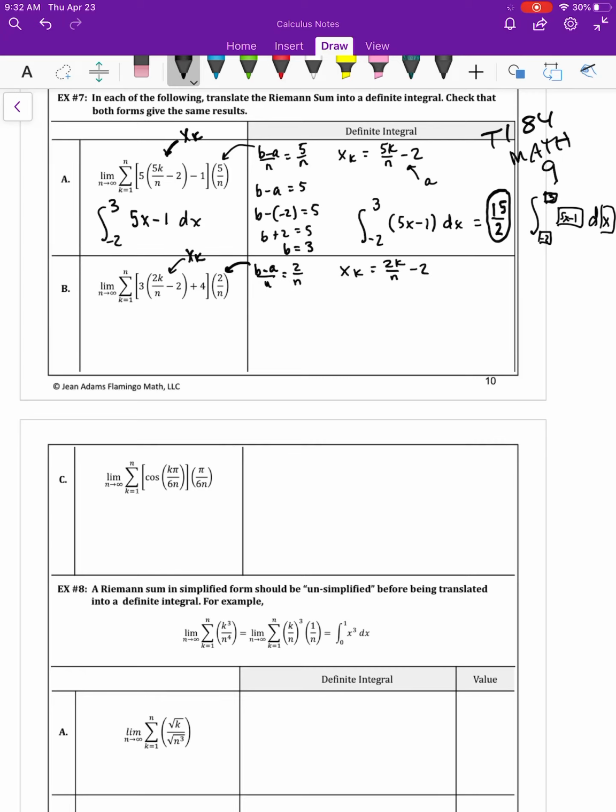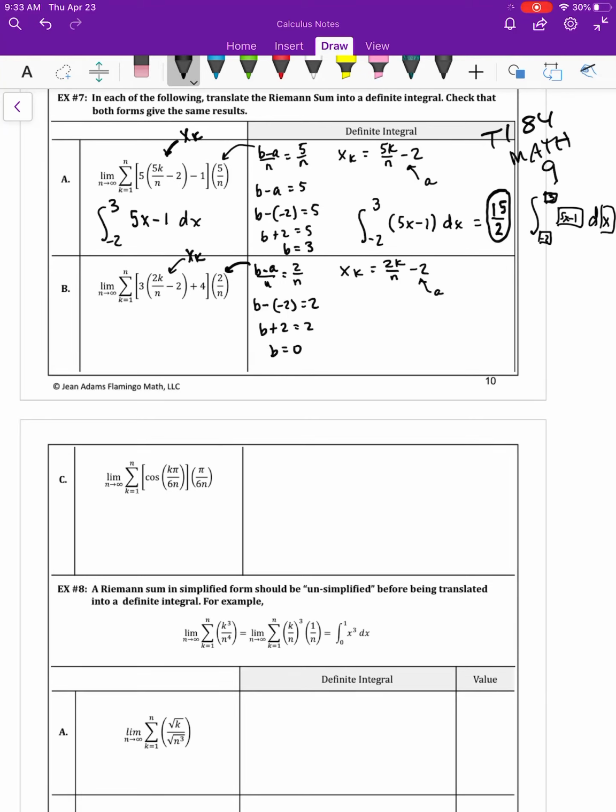Okay, so let's look at the next one. So my b minus a over n is 2 over n. That's my delta x. And here's my x sub k. So my x sub k, 2k over n minus 2. And so this is my a.